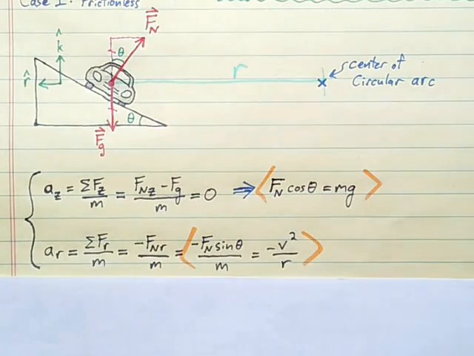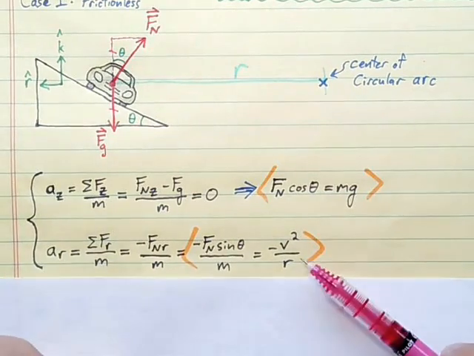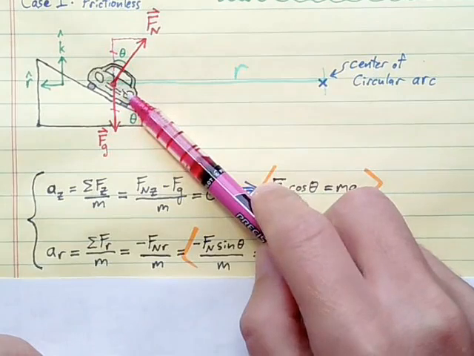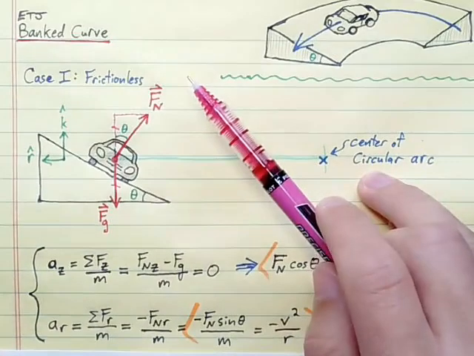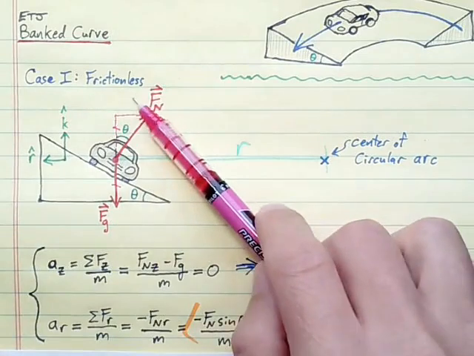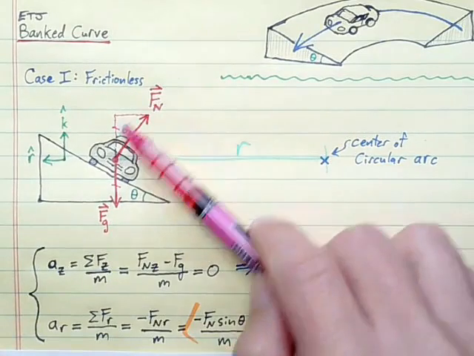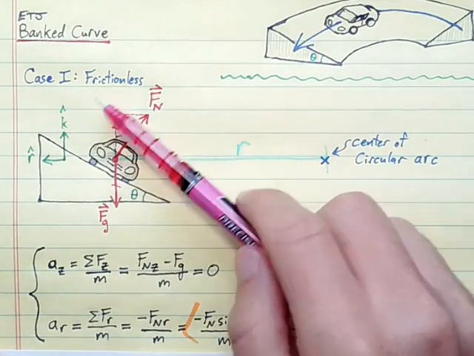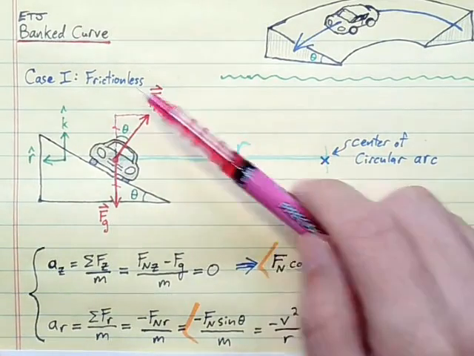What we're able to solve for here is the speed at which it is possible to take this turn without the aid of friction. So no friction was present in this FBD. Frictionless ramp, say an icy ramp or a ramp where you're taking the turn just right so you don't need any friction.